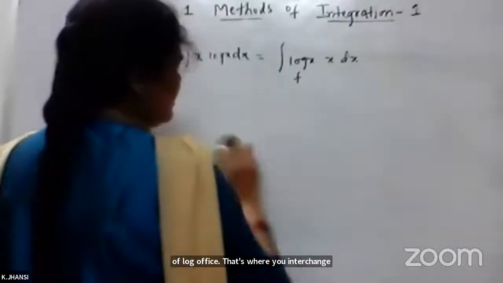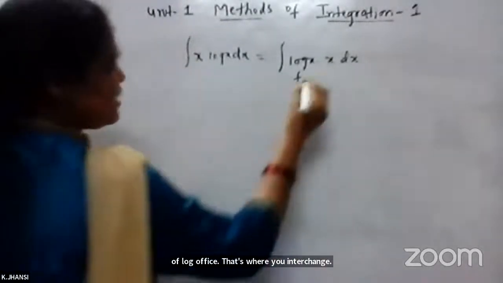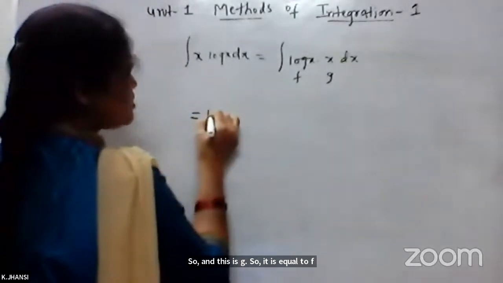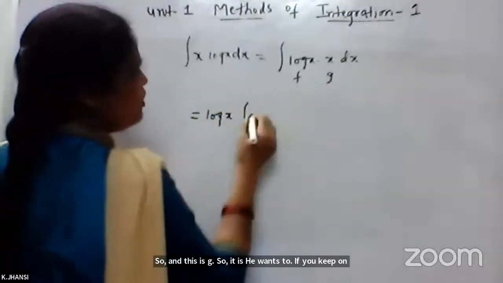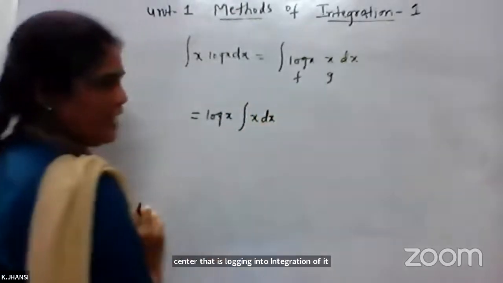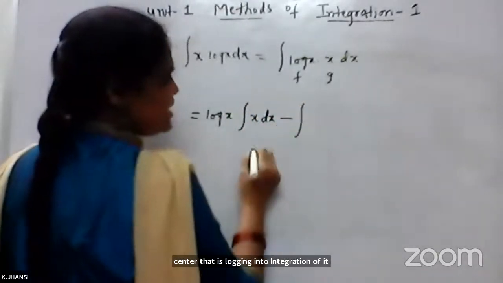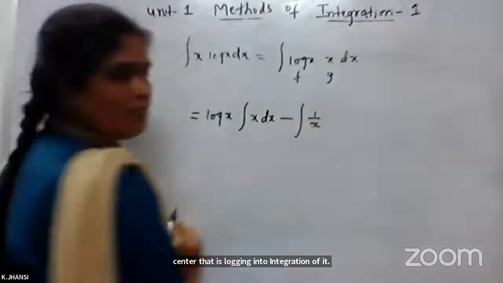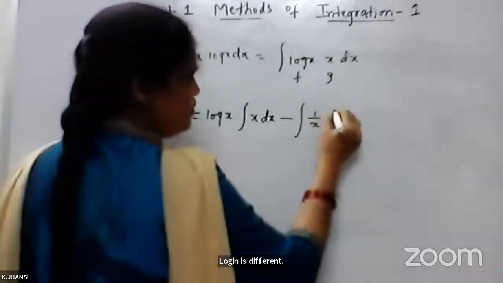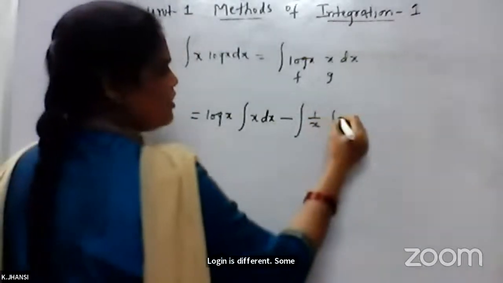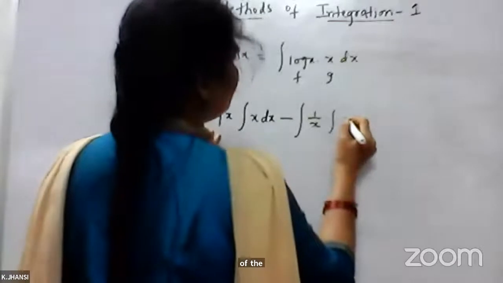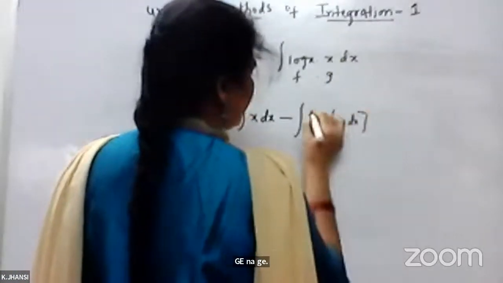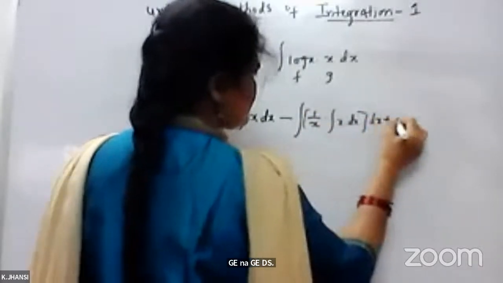Now apply the formula here. This is f and this is g. So it is equals to f, you keep constant, that is log x into integration of x dx, minus integration of log x differentiation, 1 by x, into integration of g, g is x dx, next whole dx plus c.